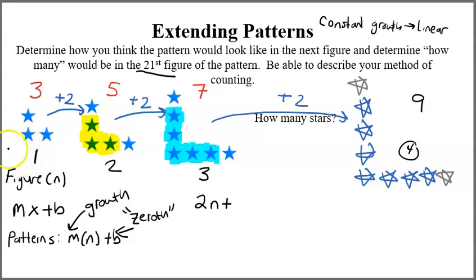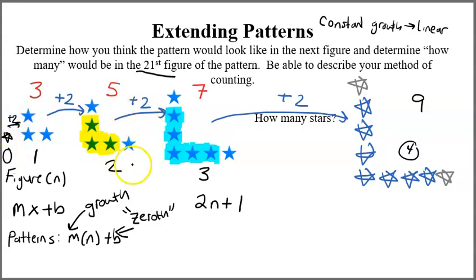If I'm going up by figure number and I add 2, to go backwards I subtract 2. So going backwards from 1 to 0, I would have to subtract 2 stars. That would leave me 3 minus 2 is 1. So the 0th term, I'll squeeze it in, would have 1 star to keep that pattern going, right?